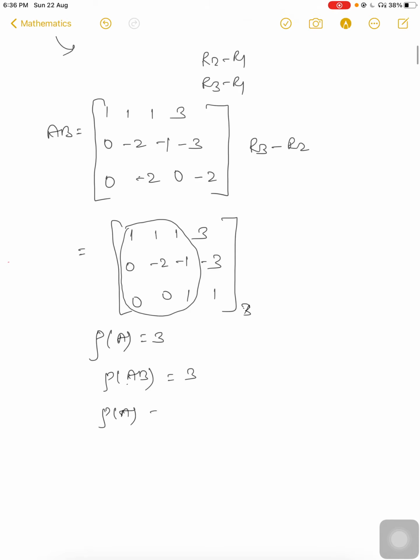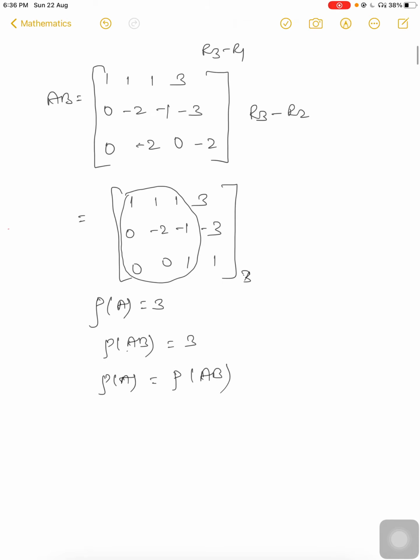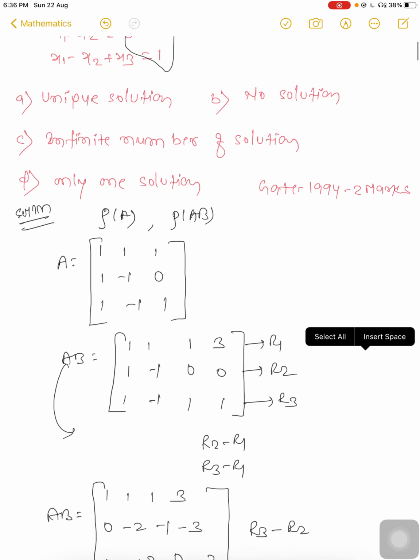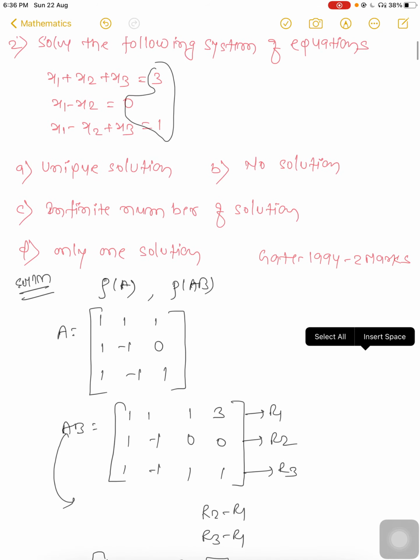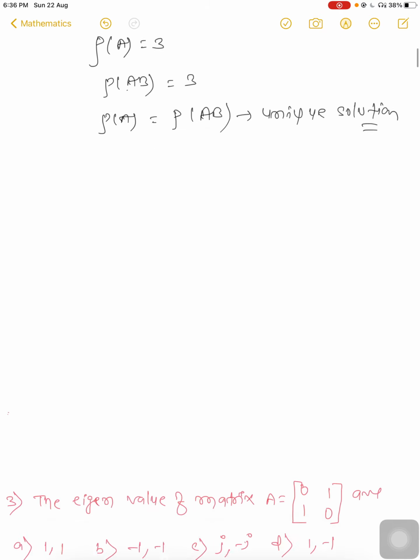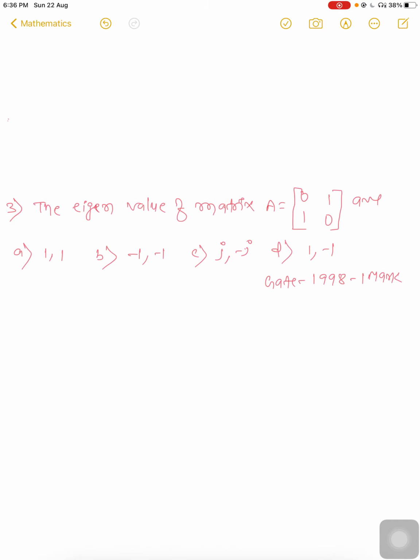If the rank of A equals the rank of AB, you will get a unique solution. Option A will be the right answer.